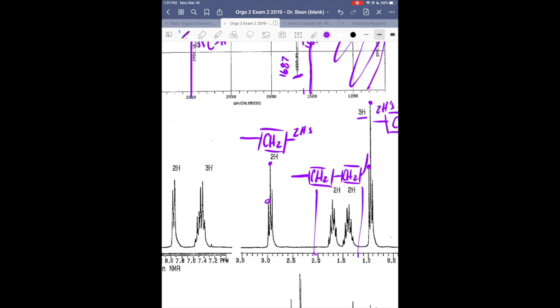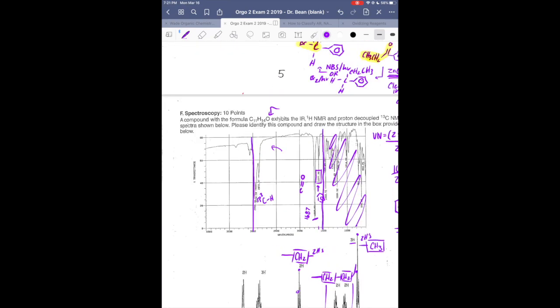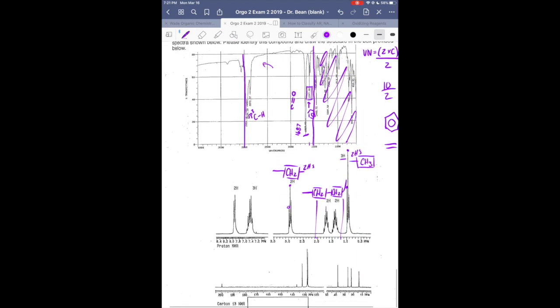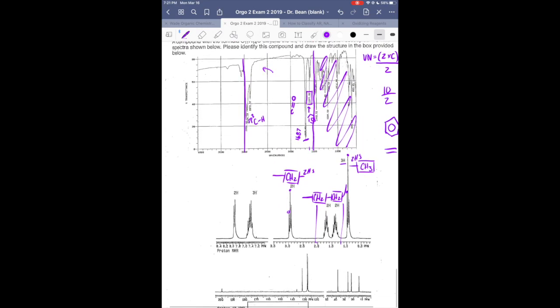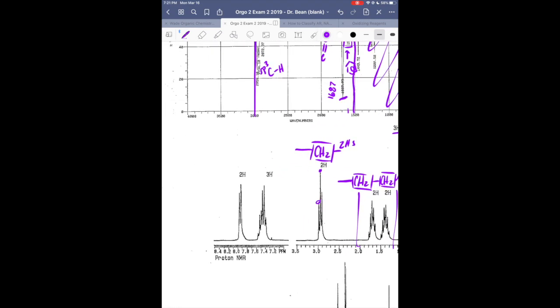From the other side, you wouldn't have anything. And it's downfield. So very likely that's going to be connected to the, well, we know that there's probably a carbonyl here, so it's not going to be directly attached to it, like as an ether, but probably to the carbon that has the carbonyl, but we'll check that once we get there.